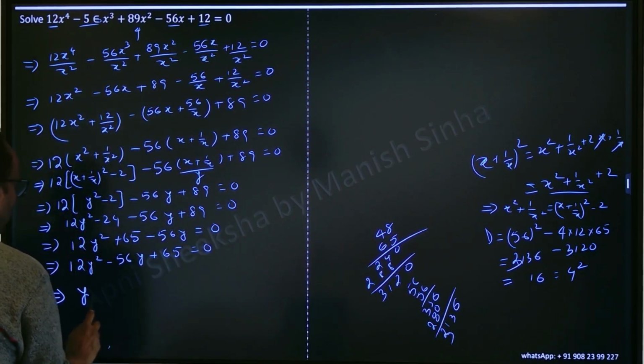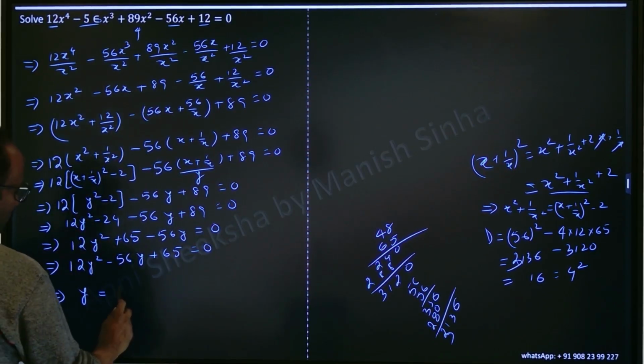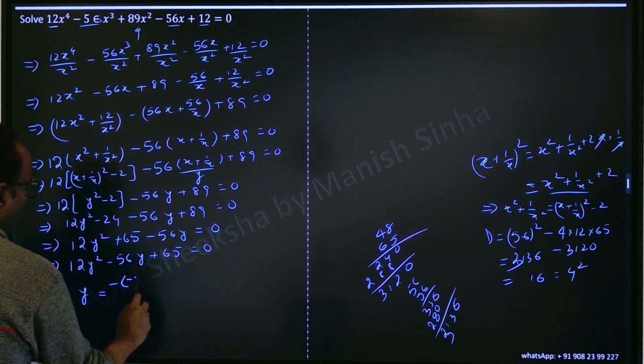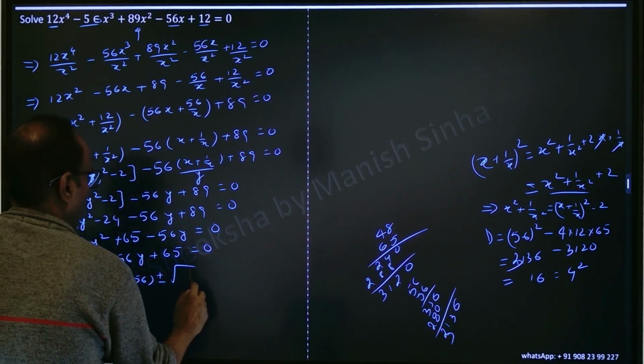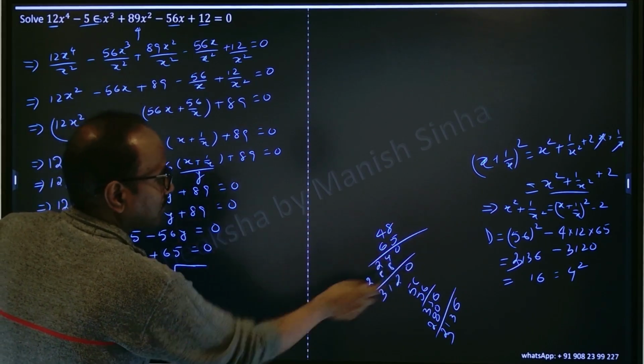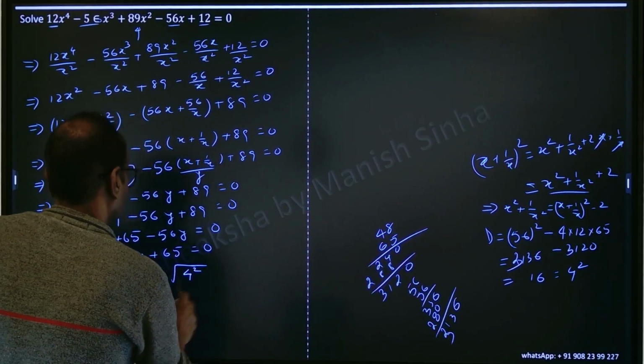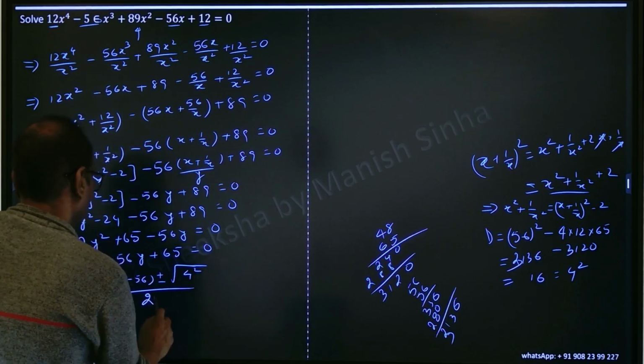So our solution for y will be: square root of D, which is 4, square, divided by 2 into 12.